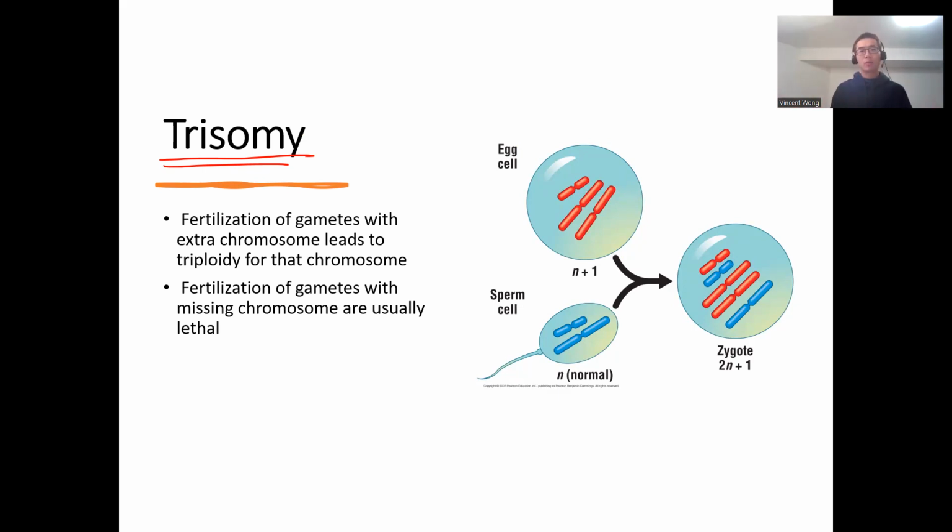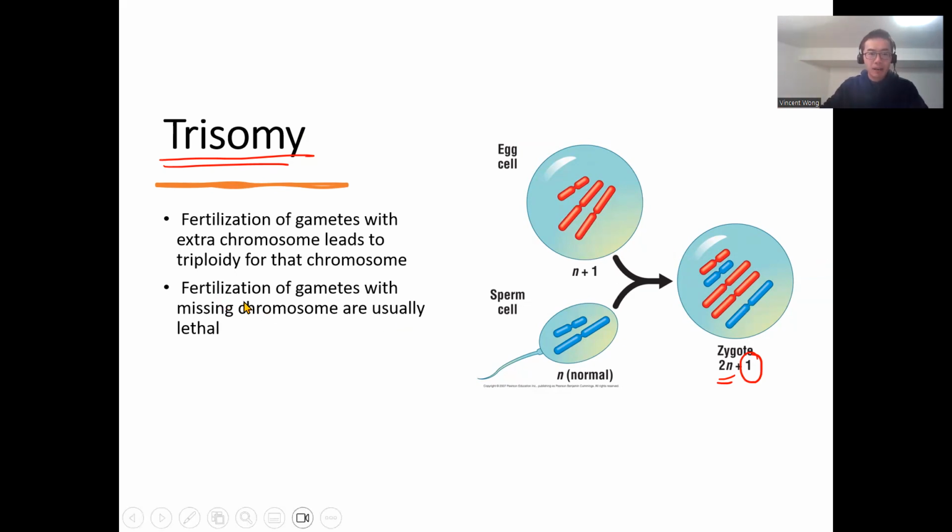Trisomy 21, that would be 3 chromosome 21. Right? So it's 2 full sets plus an additional chromosome. Okay. So that is common for many diseases that the baby can be born with.